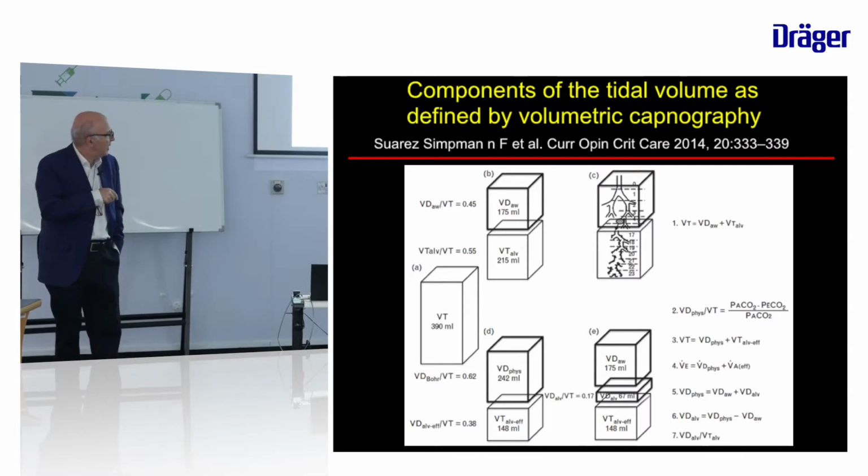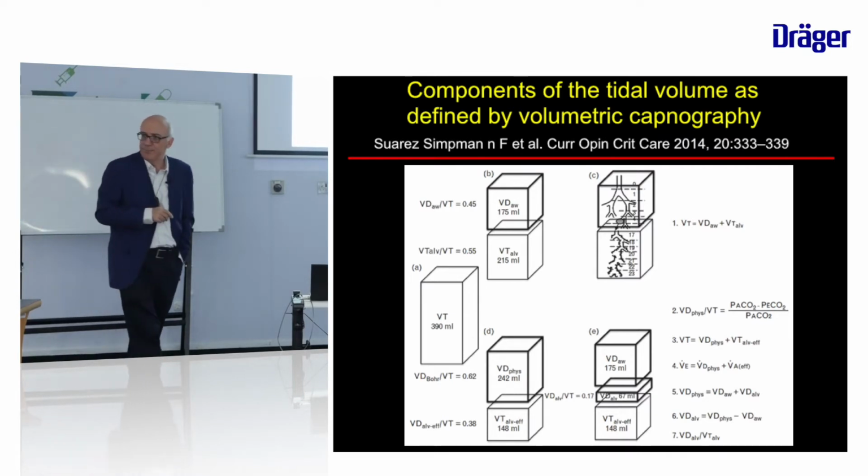What is important is the effective alveolar tidal volume. So if we reduce the overall tidal volume, which is the sum of physiological and alveolar effective, you can understand that you can have a reduction, of course, in the anatomical dead space, and also you can have an effect on the effective tidal volume.